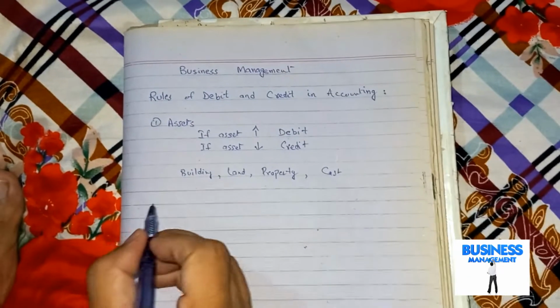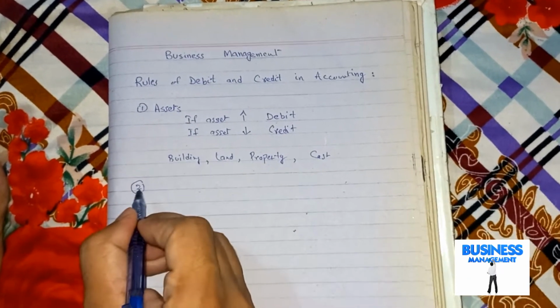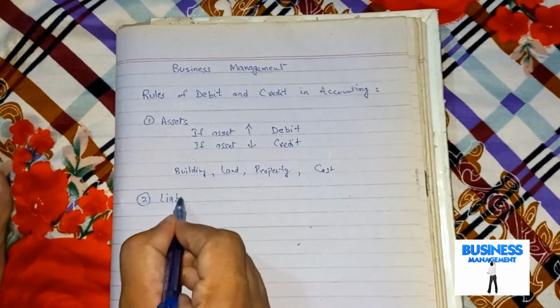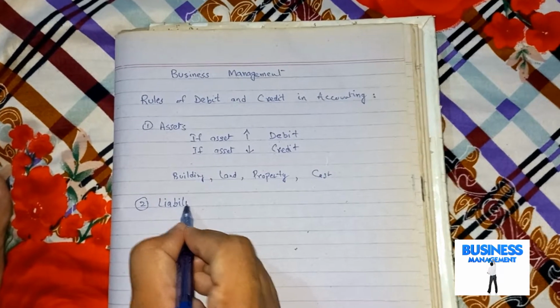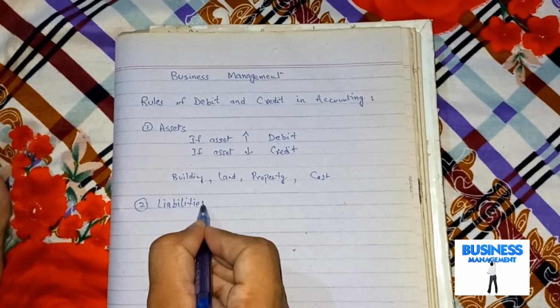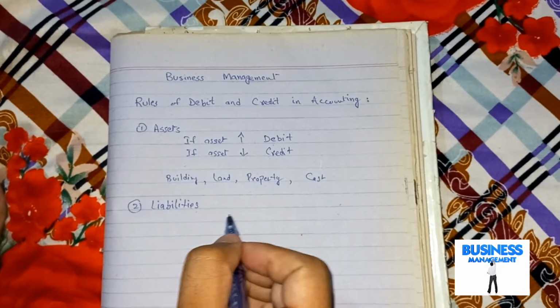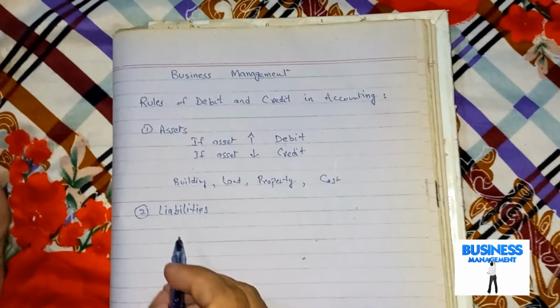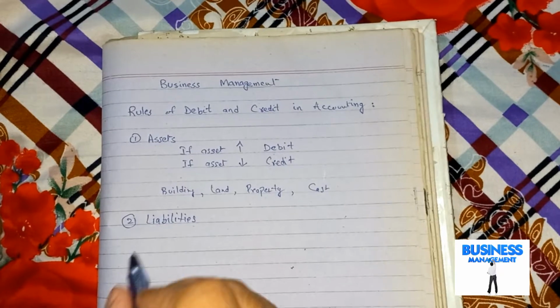Now we look at the liabilities. Liabilities are present obligations as a result of past events, and an economic outflow is expected.